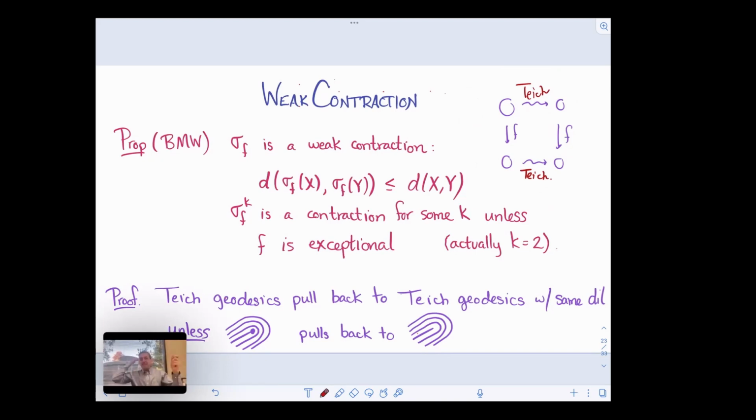The issue is the distance can get smaller because the Teichmüller map you get up here might be a fake Teichmüller map. It might have a picture like this, and that picture is not allowed in Teichmüller's theorems. In Teichmüller's theorems, you can have a one-pronged singularity in the foliations as long as there's a mark point there.